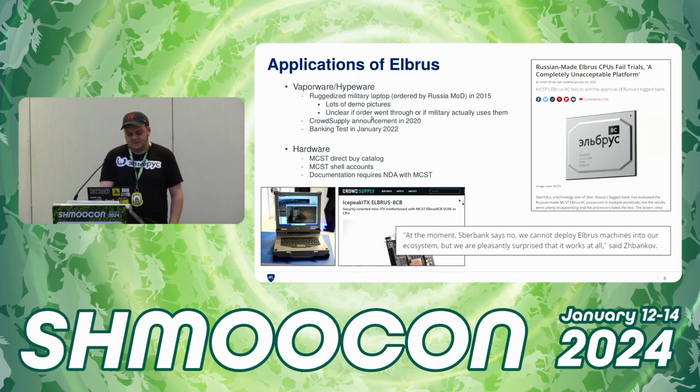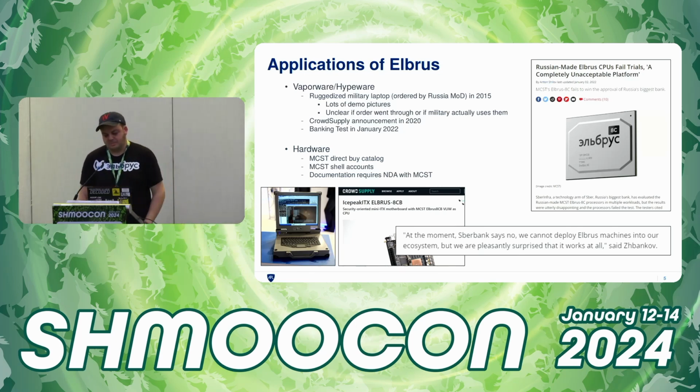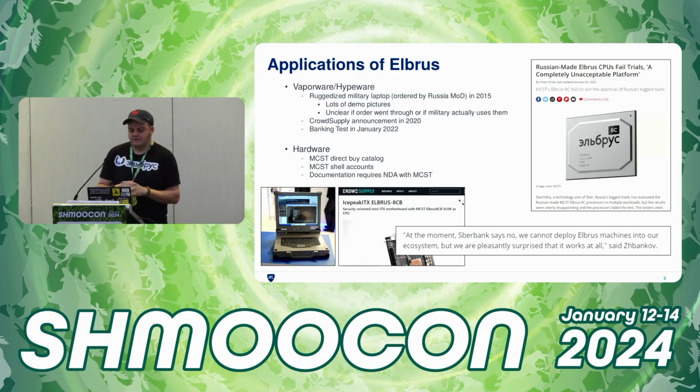This quote here at the bottom is from this magazine article over here. They did a test with Russia's biggest bank, to see if the bank could replace some of their Intel machines with these processors, and this was the quote of the whole thing.